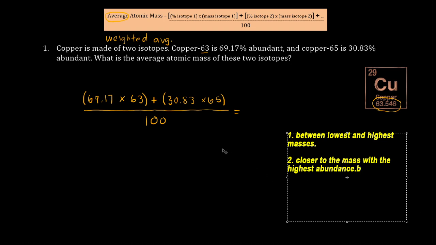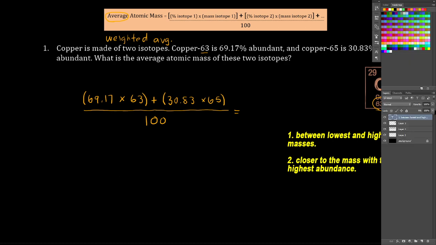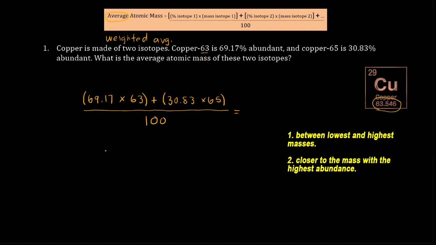Okay, so let's go back to this here and let's see if we can finish off this answer here. Let's see if we can finish our calculation. So in the calculator, we would do this part first. We would figure out whatever this is. We would add that to whatever this is.